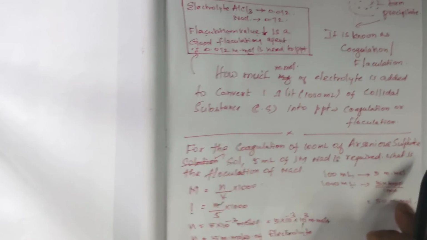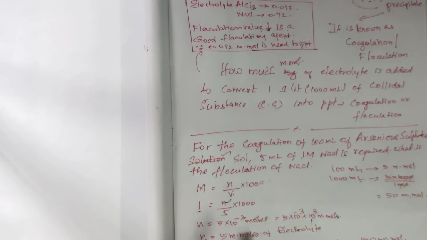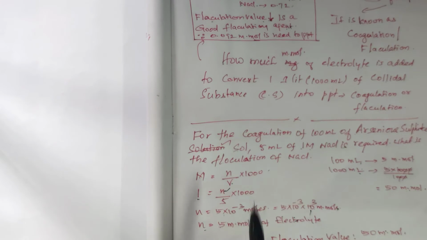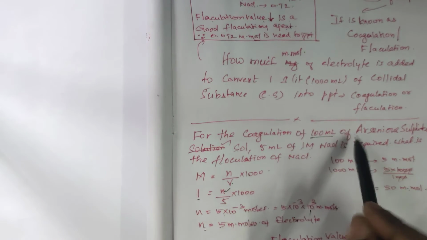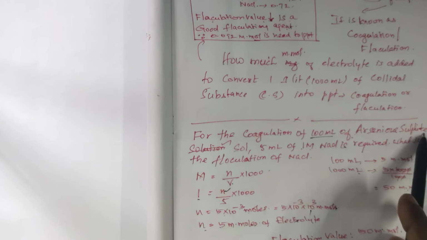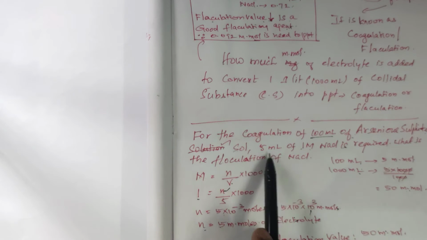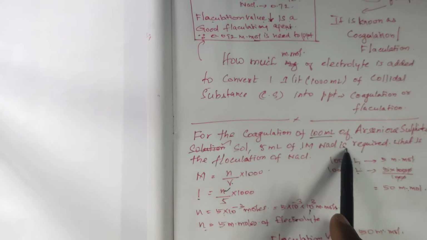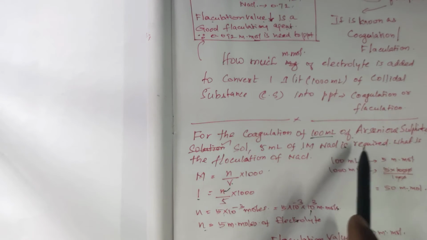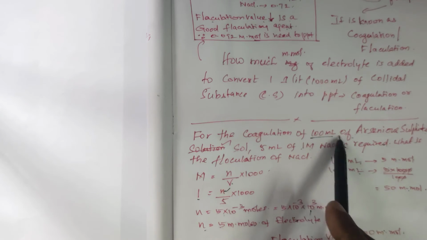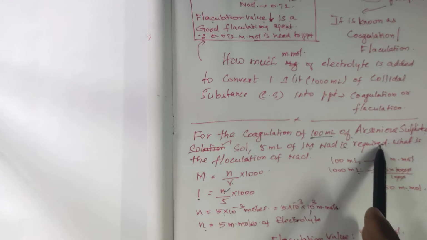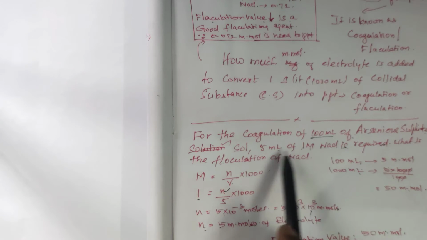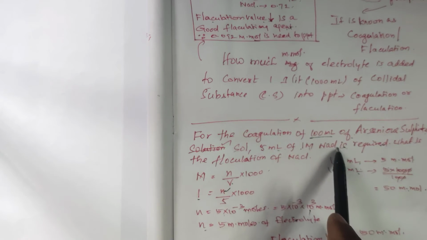Now we are putting some interesting example here. For the coagulation of 100 ml of arsenious sulfide sol, 5 ml of 1 molar sodium chloride is required. So the electrolyte is 5 ml of 1 molar sodium chloride.